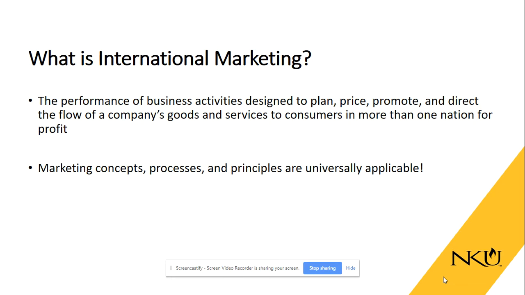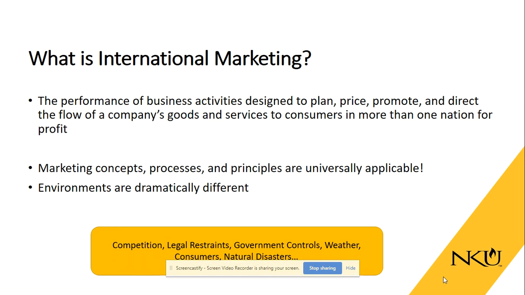The big difference between domestic and international marketing is really just the environments within which the marketing plan is being implemented. The environment can change dramatically from country to country and even region to region around the world. And when we look at what the environment is, it includes factors like competition, legal restraints, government controls, weather, consumers, natural disasters, and even more factors.